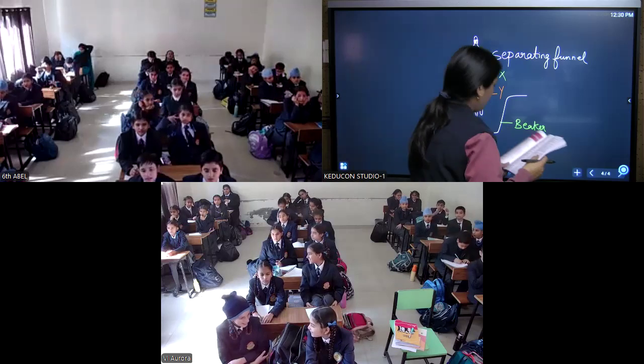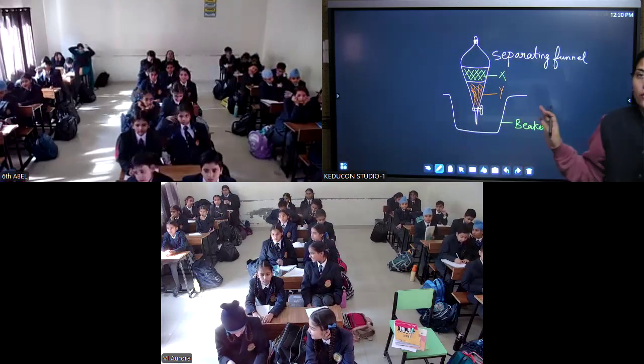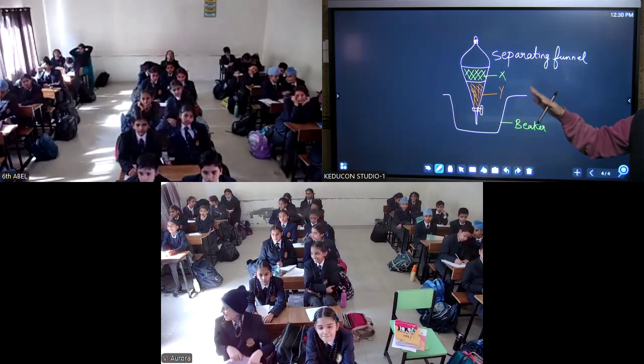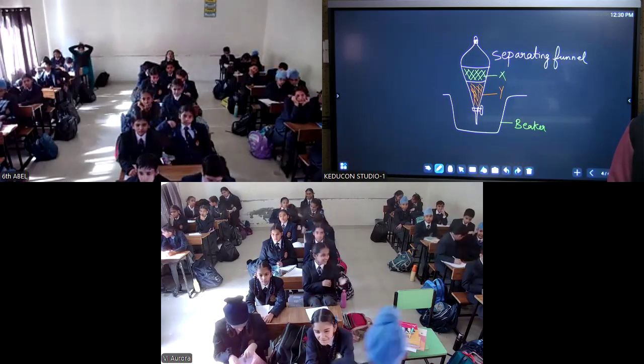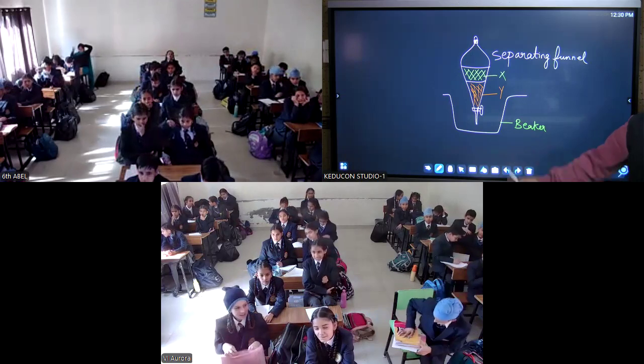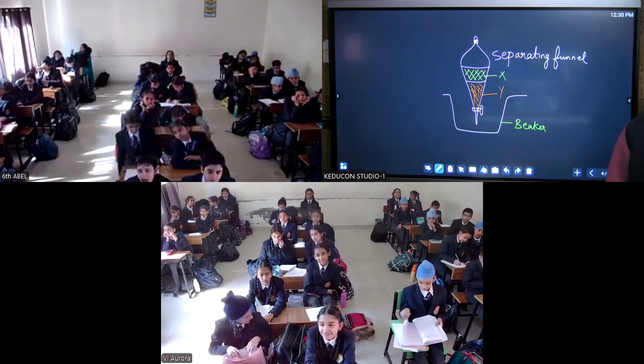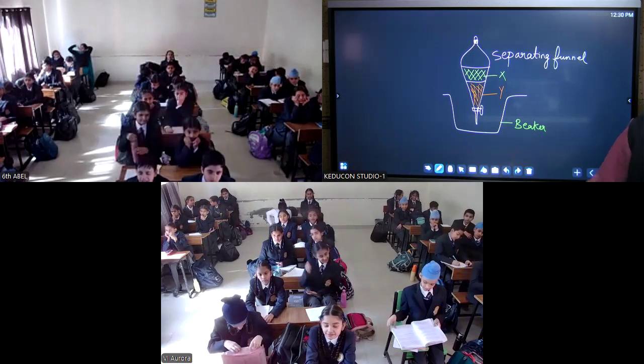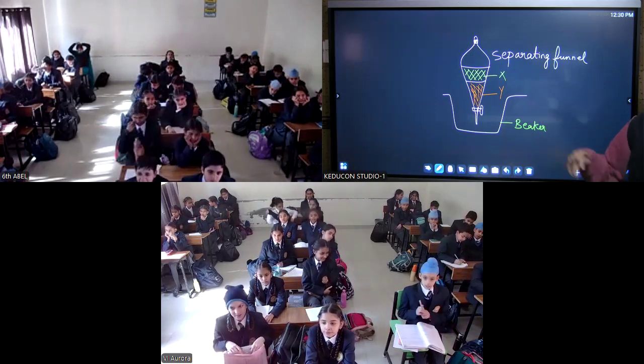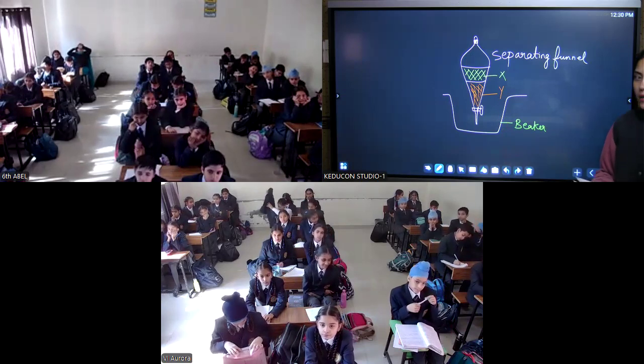Okay. So now you can see this separating funnel. It's separating two liquids. So the question is: Shobha took two liquids X and Y. Here you can see these two liquids, and separated them with the help of a separating funnel as shown in the figure. Liquid X and Y could be respectively?